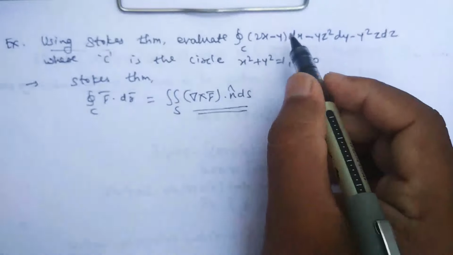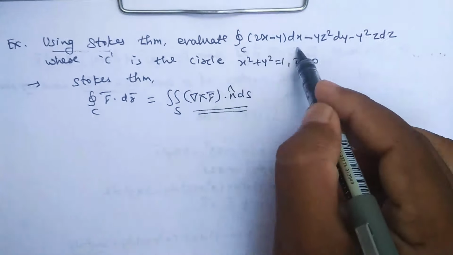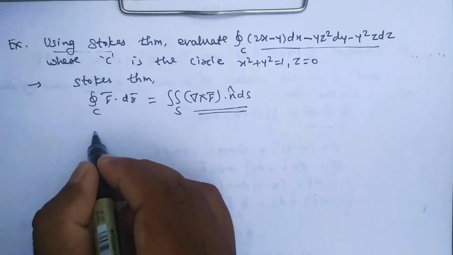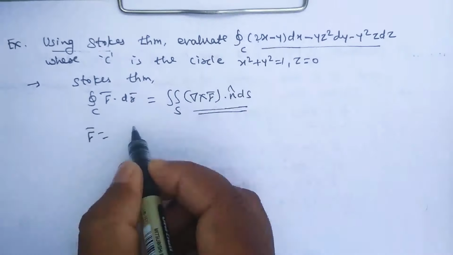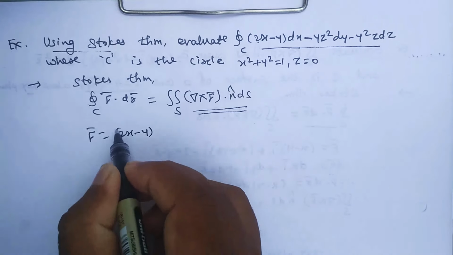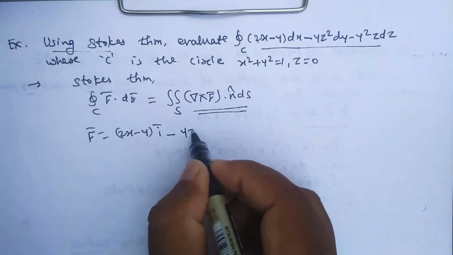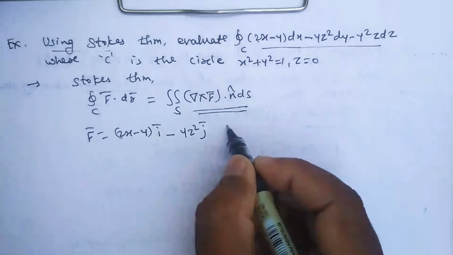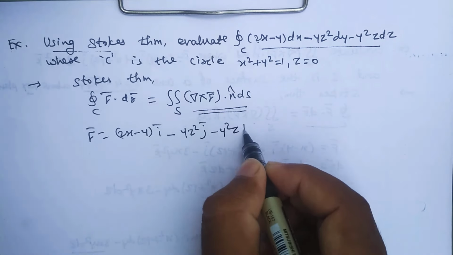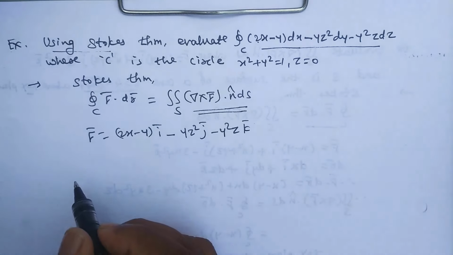So for that, from this expression we get F̄ = (2x − y) ī − yz² j̄ − y²z k̄. This is the value of F̄.